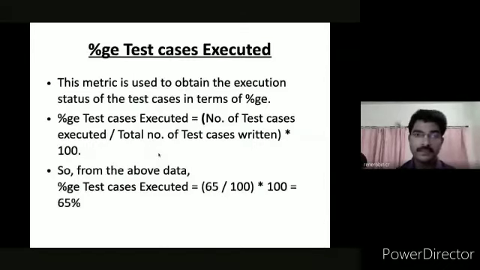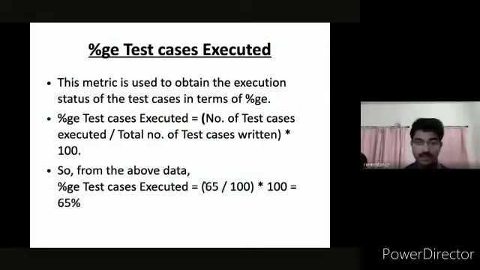The first metric is percentage test cases executed. This metric is used to obtain the execution status of the test cases in terms of percentage. I know the number of test cases I have written and the number of test cases I have executed. So the formula says number of test cases executed divided by number of test cases written into 100.